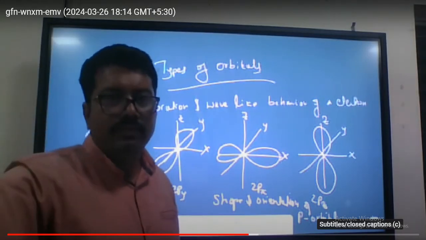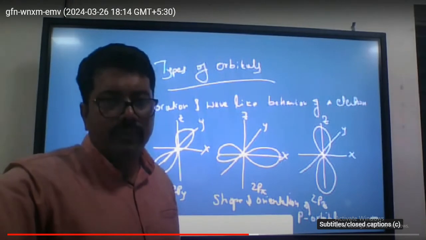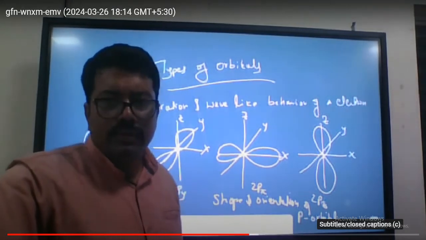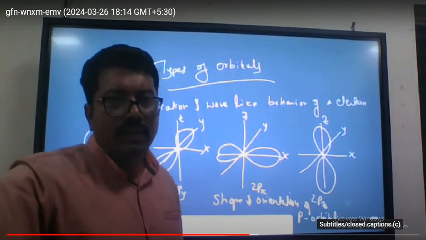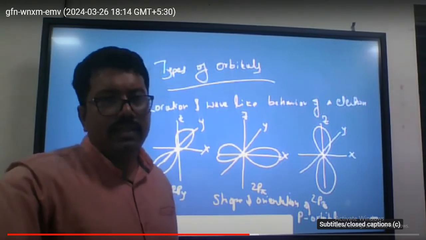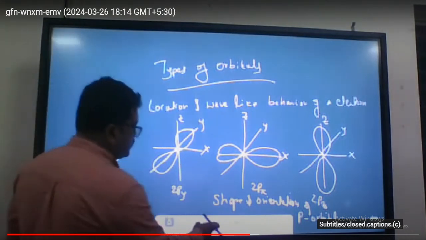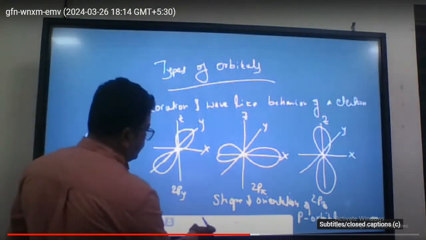So next, the types of chemical bonds present in organic molecules. This is the shape of s and p orbitals.